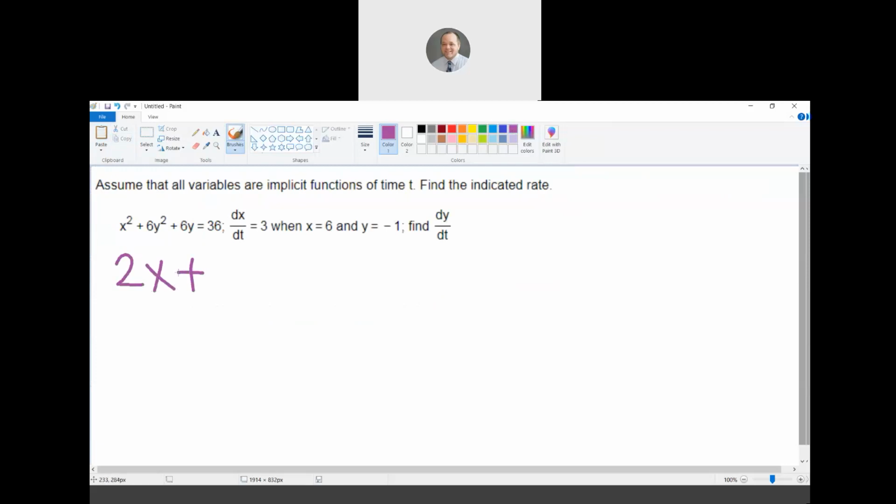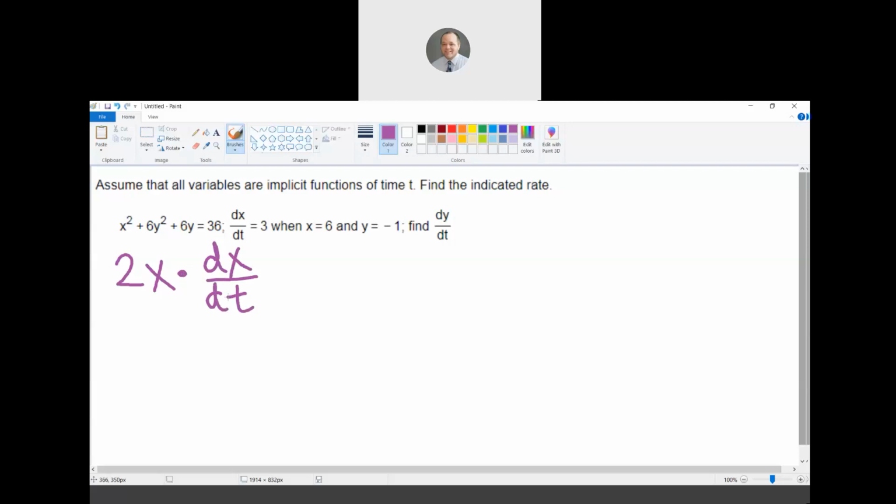Let me back up just a second. Because we're taking the derivative of x with respect to time, we must include the ratio dx over dt.